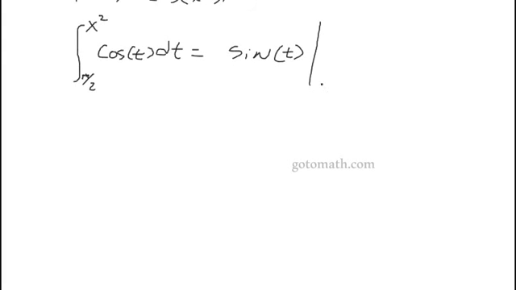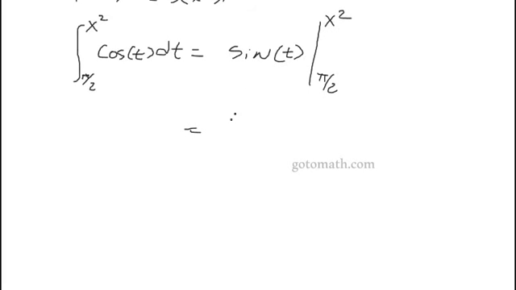The integral from pi halves to x squared of cosine t dt. So remember what the integral of cosine t is. It is sine t, and we're going from pi halves to x squared.